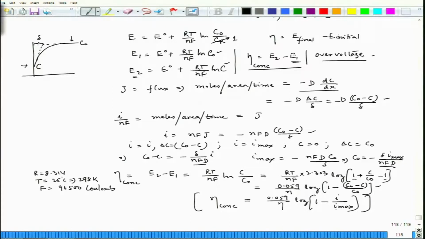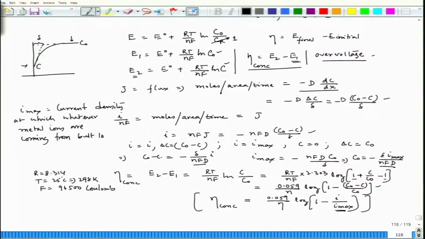And as we have seen, what is I max? I max is basically the current density. We have explained also at which whatever metal ions are coming from bulk to the interface are getting reduced.